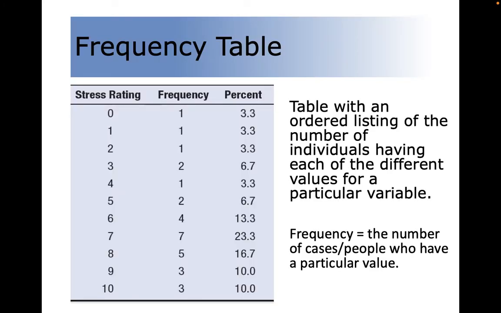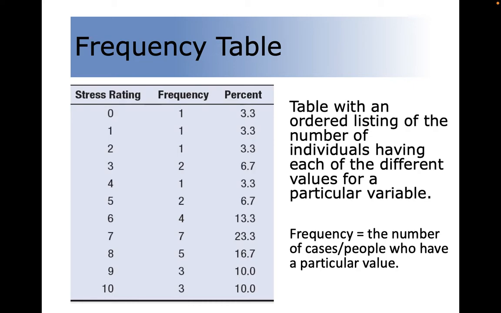One way to do that is to summarize the data using a frequency table, and that's what was done here. In a frequency table, we have an ordered listing of the number of individuals having each of the different values for a particular variable. In this case, stress is the variable which has the values 0 through 10.